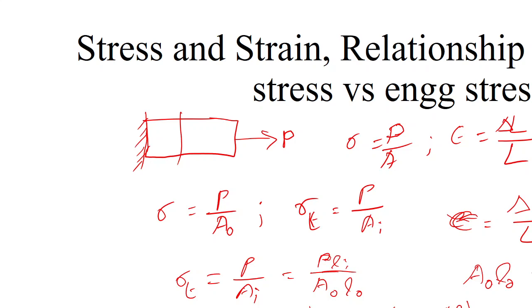This can be written as ln of L naught plus delta L divided by L naught, which is ln of 1 plus delta L by L naught, which is again the engineering strain. These two relations, between true stress and engineering stress and between true strain and engineering strain, are very important, based on which you can get questions for 1 mark or 2 marks.